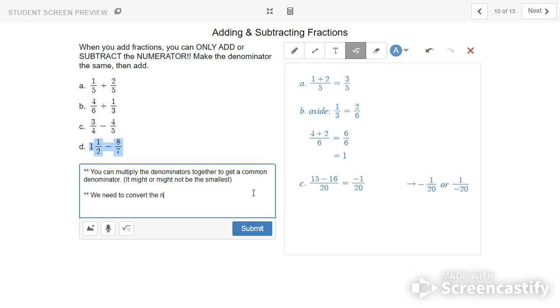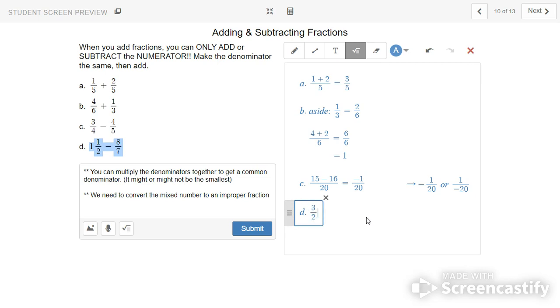We need to convert the mixed numbers to an improper fraction. So let's make 1 1/2 into an improper fraction. So we have 3/2 minus 8/7. Both of these are improper fractions now.